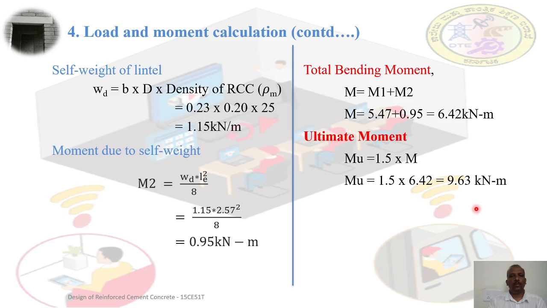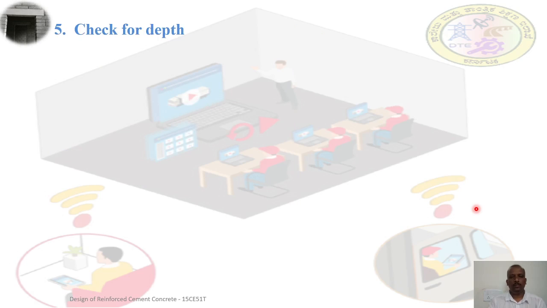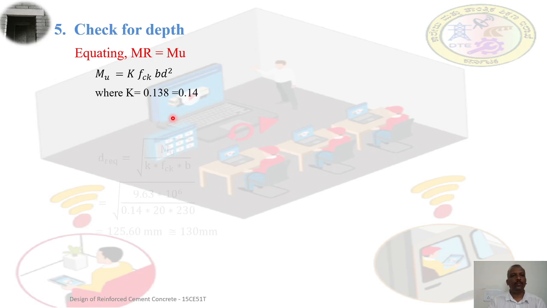Once we obtain the ultimate moment, now we need to do the check for the depth. For that we are equating the moment of resistance equal to the ultimate moment, that is the factored bending moment. So that is MR equal to K FCK BD square, and K is equal to 0.138 or 0.14, since we are using Fy as 415 Newton per millimeter square.